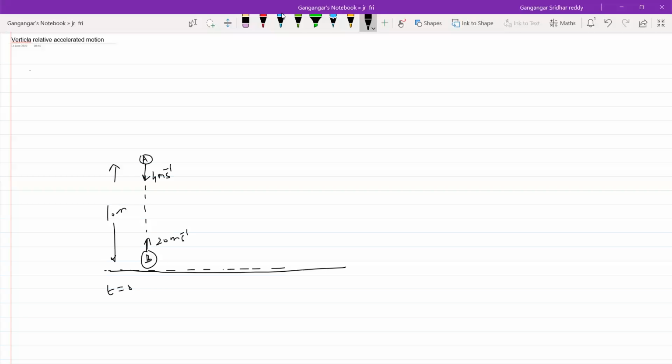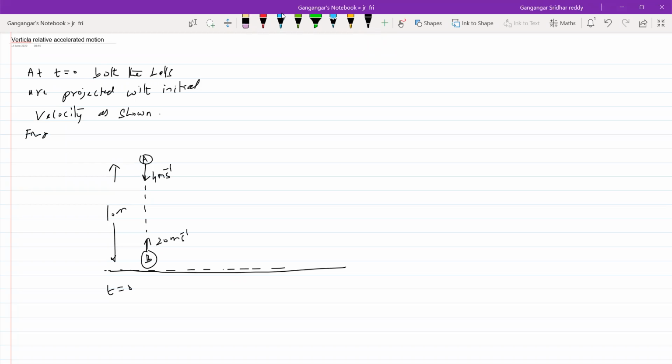So the question is like this: at t equals 0, both the balls are projected with initial velocity as shown. Find the time at which they'll meet.